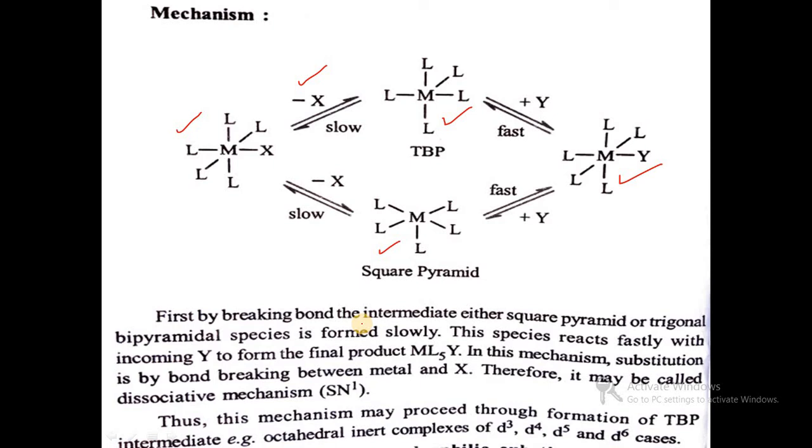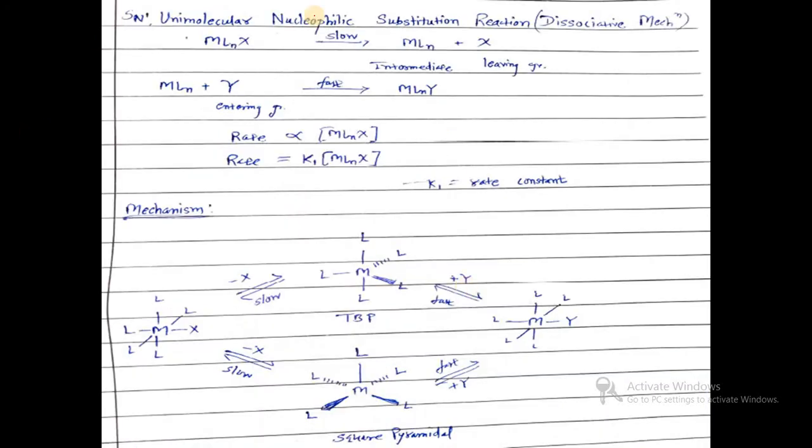So it is an SN1 type of mechanism, which is first order. Dissociative mechanisms are always SN1 type, and the intermediates formed are TBP and square pyramid type.